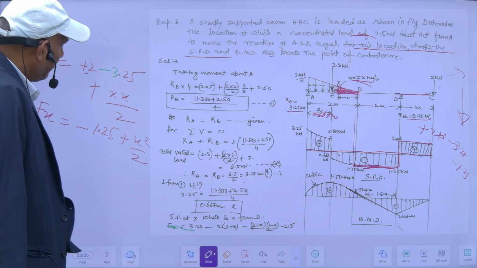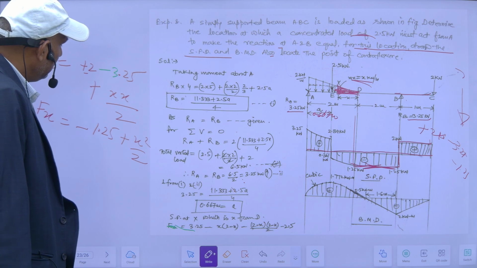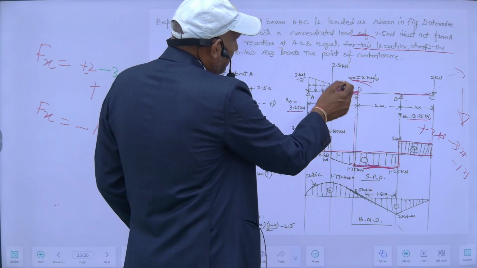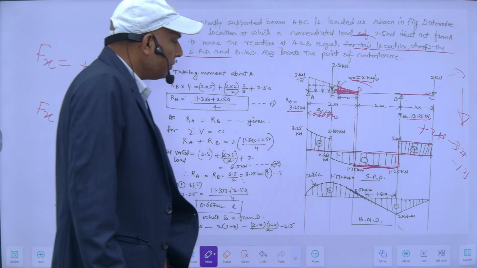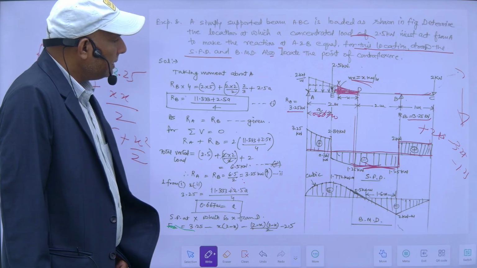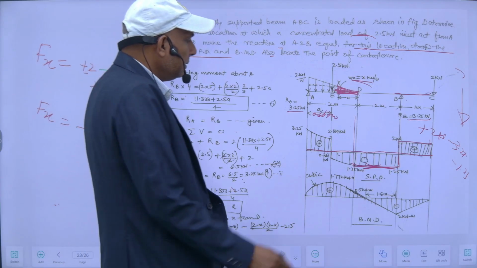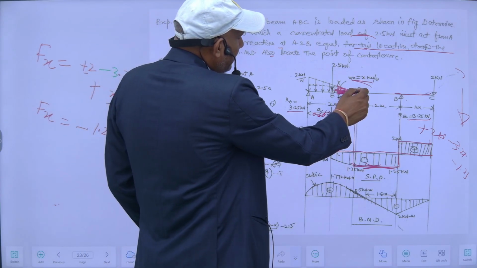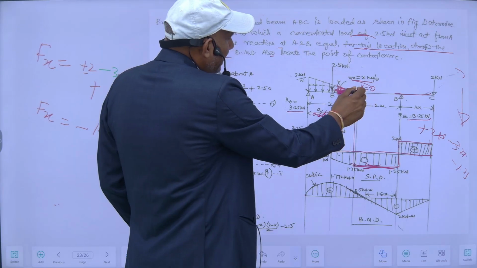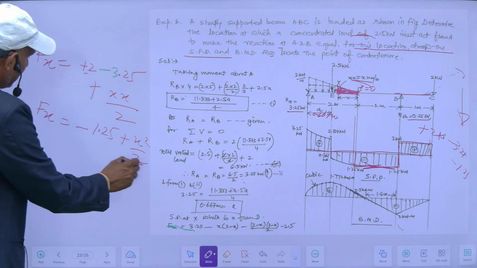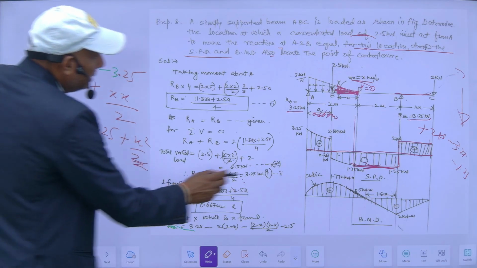Here I can find the point where my shear force is 0. When x is equal to 0, by putting x equal to 0 in this equation, I will get my shear force at this point.